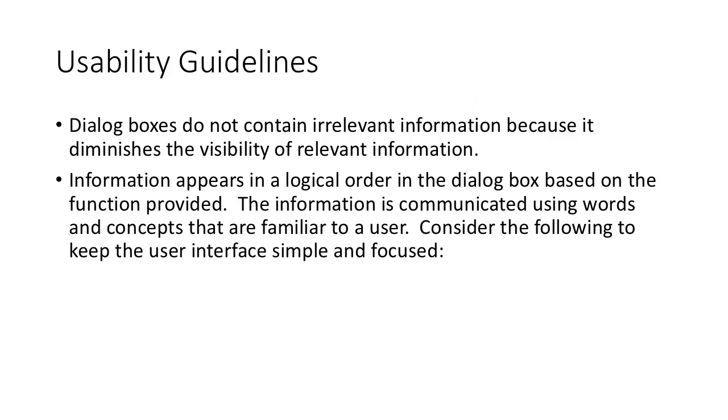Information should appear in a logical order. Doesn't matter if it's in a dialog box or in some other portion of the page, because the information is communicated using words and concepts that are familiar to the user.